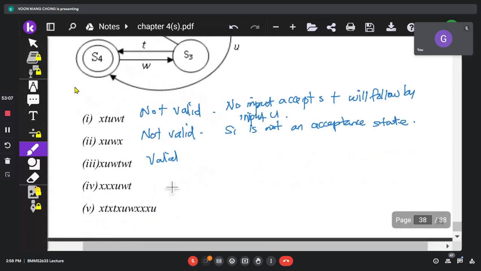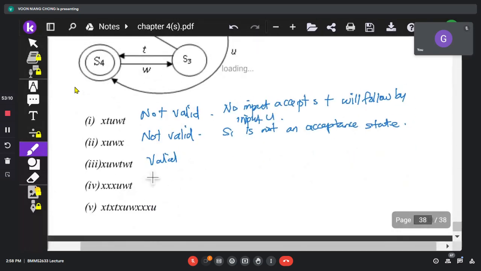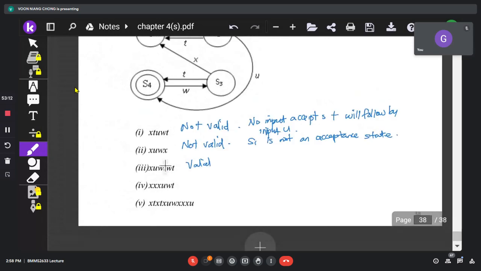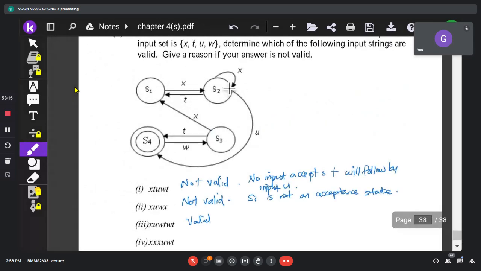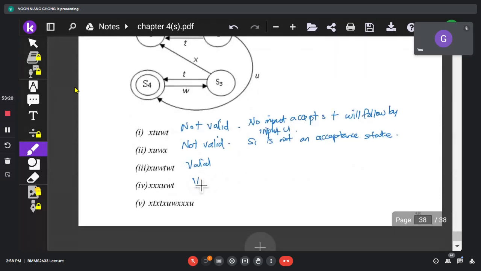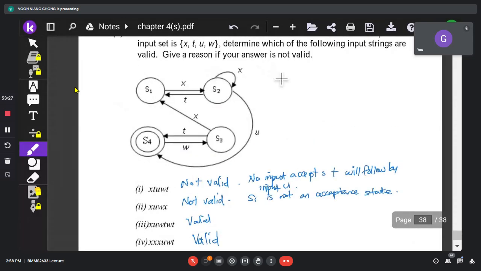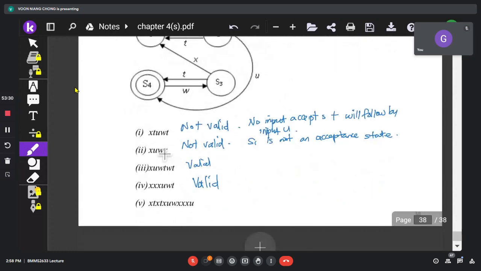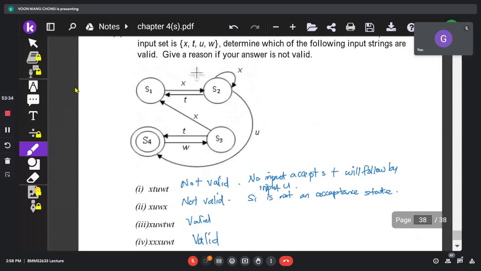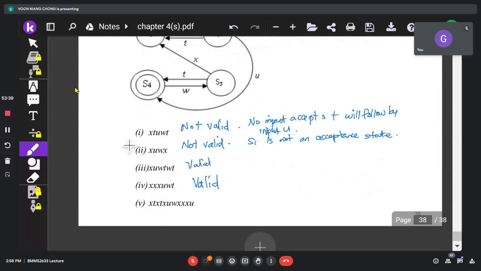Then for the fourth one, XXXUWT, XXXUWT, also valid. And the last, XTXTXU, XTXTXU, and then WXXWXXU. Okay, go to S4 also, right? So this is also valid.